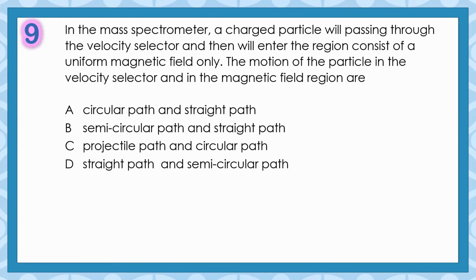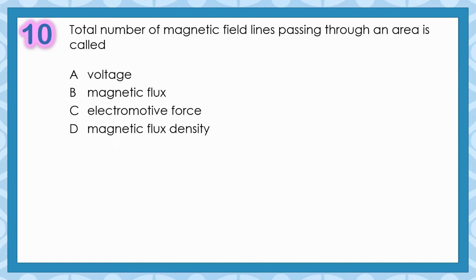For question number 9, in the mass spectrometer, a charged particle will pass through the velocity selector and then enter the region consisting of a uniform magnetic field only. The motion of the particle in the velocity selector and in the magnetic field region are? Question number 10. The total number of magnetic field lines passing through an area is called?